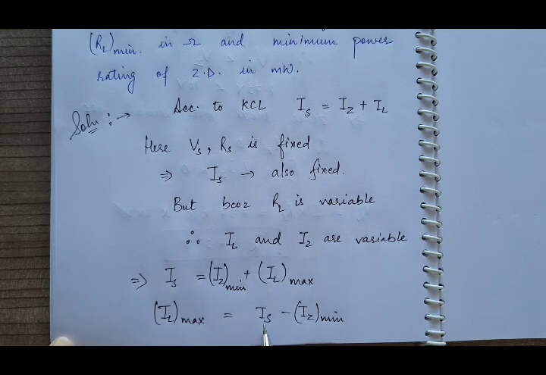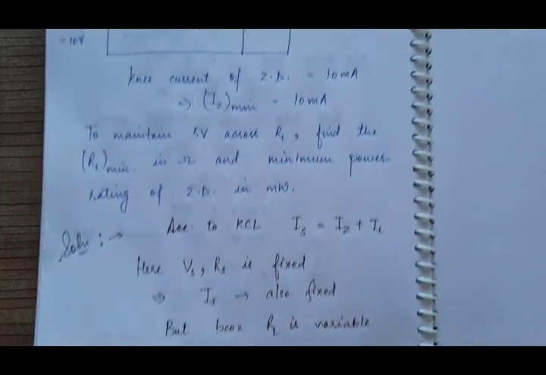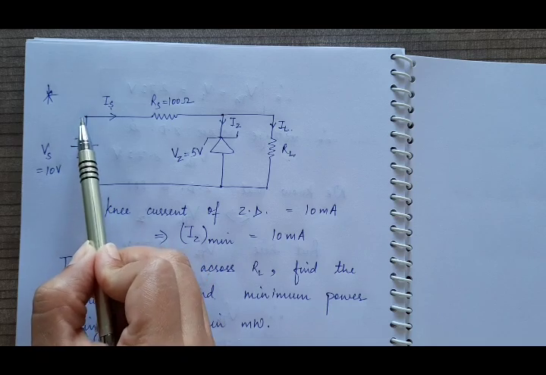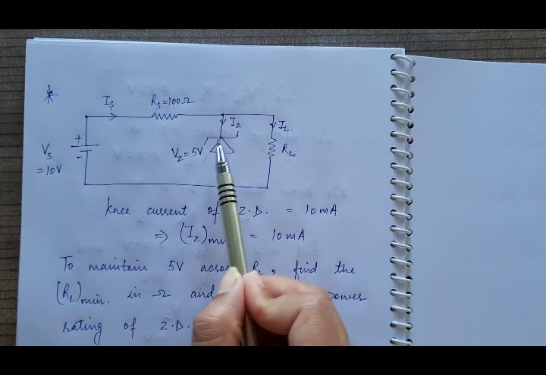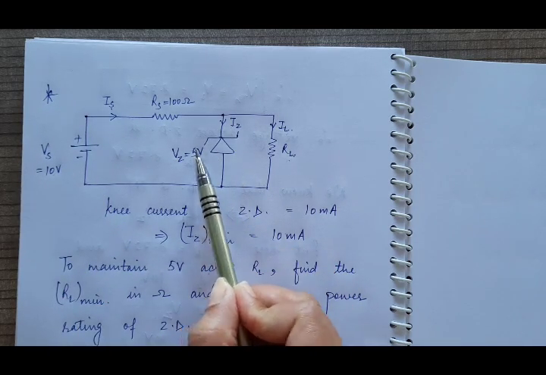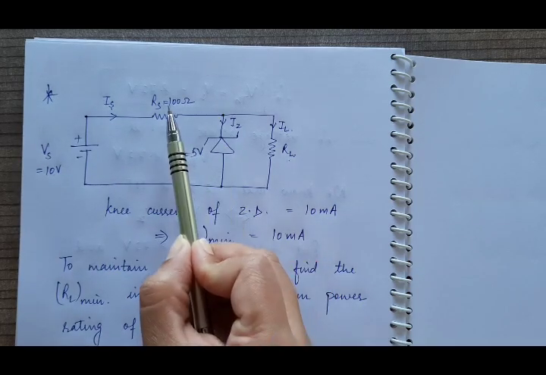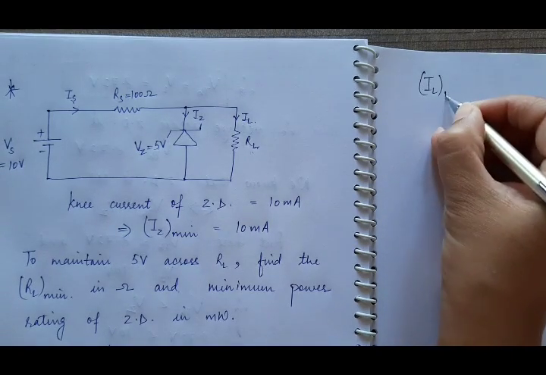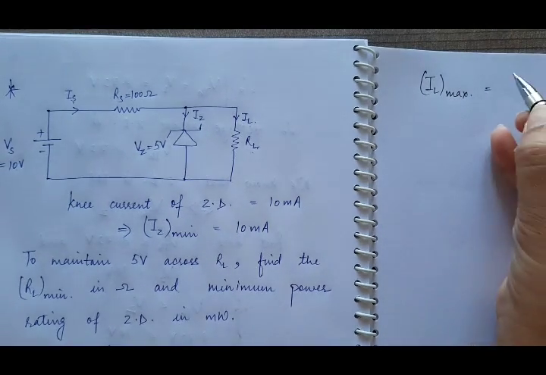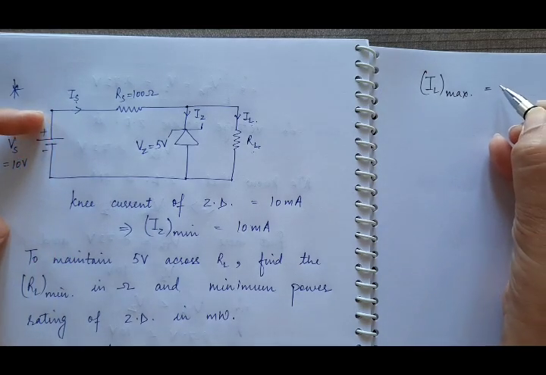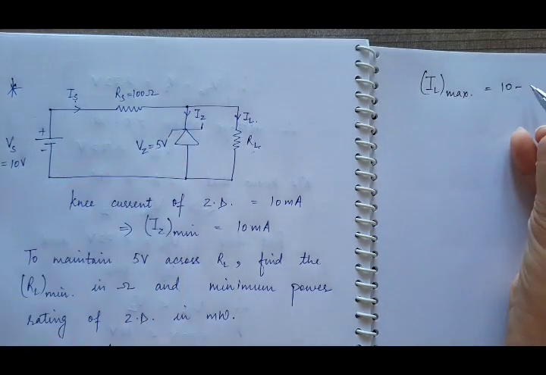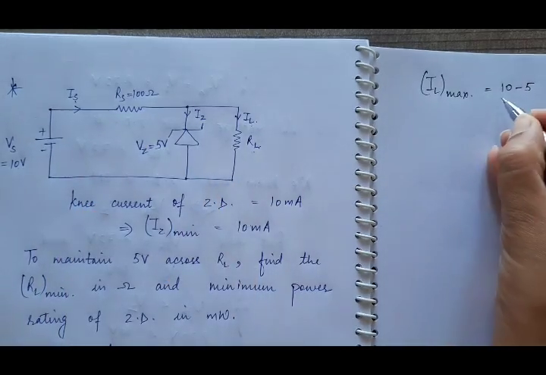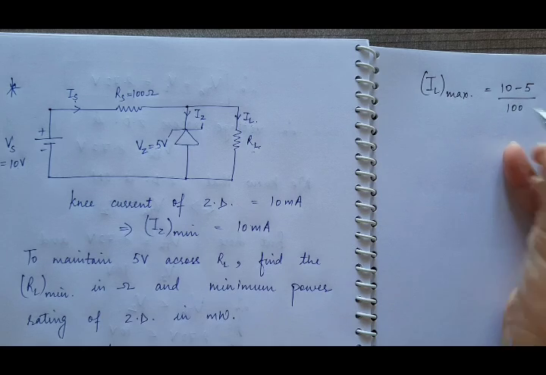Now what is the source current Is? The voltage at this end is 10 volts, the voltage at this end is 5 volts. It is the potential difference between these two points of the resistor divided by the resistance, that is 100.